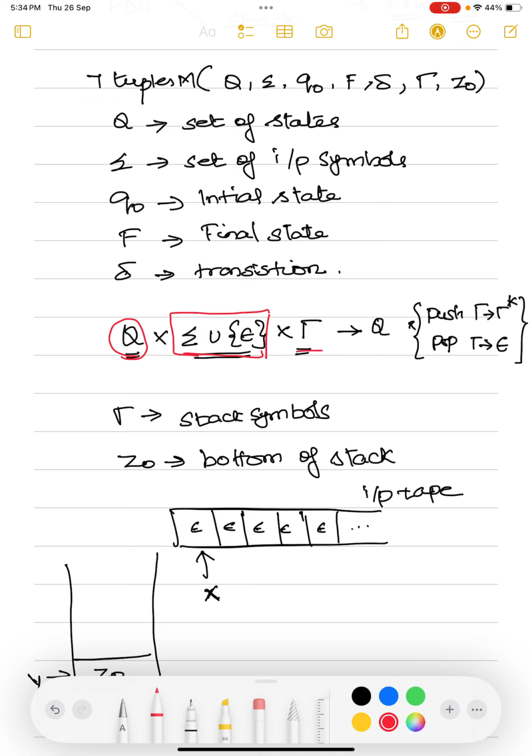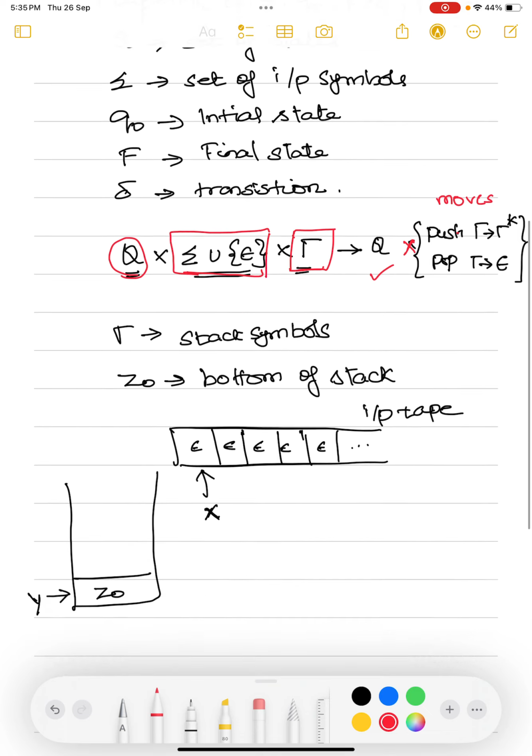And we look at the top of the stack, whatever content is available there. Based upon these three values, we move to some other state along with a push or pop operation. We call these moves. This is how we define the delta transition.